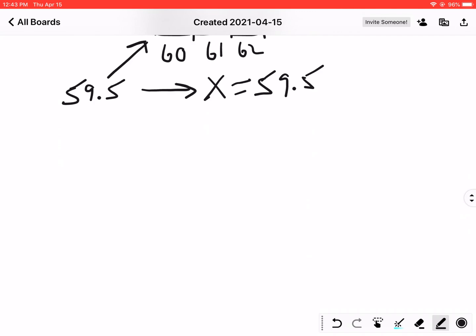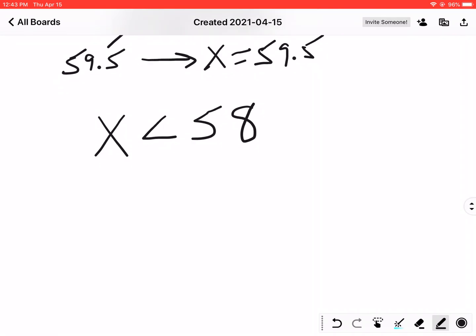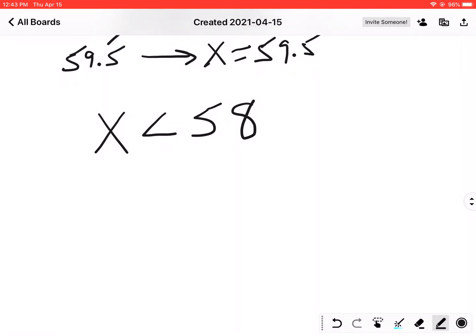If I wanted, let's say, less than 58 successes. Well, first of all, less than 58 means 57 or less.